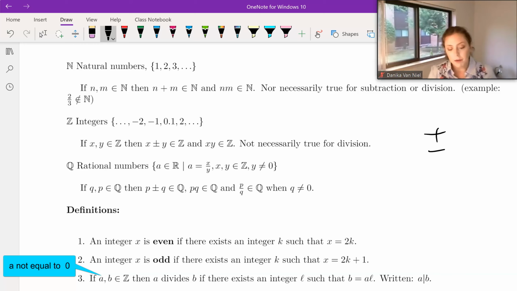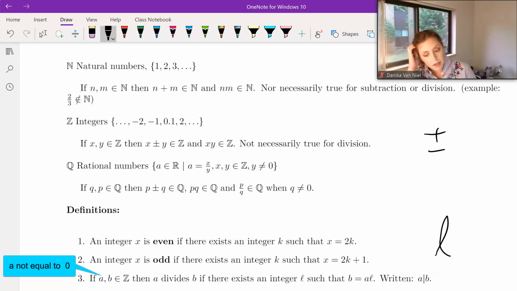If a and b are integers, and I forgot to add that a is not allowed to be 0, then a divides b if there exists an integer l such that b equals a times l. We write it like that, a and then an upward line, b. That reads as a divides b.